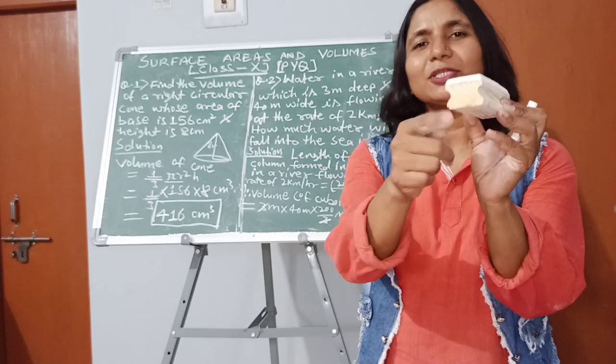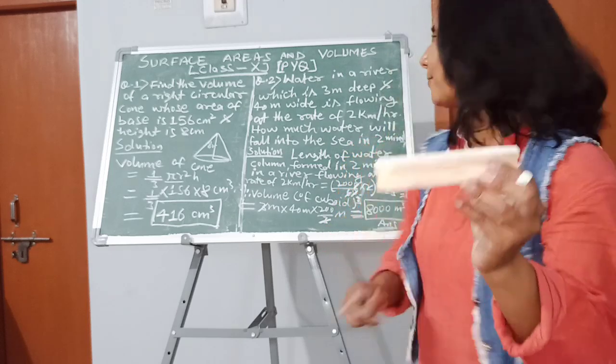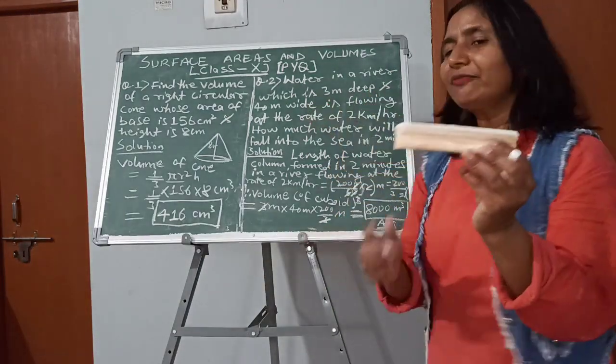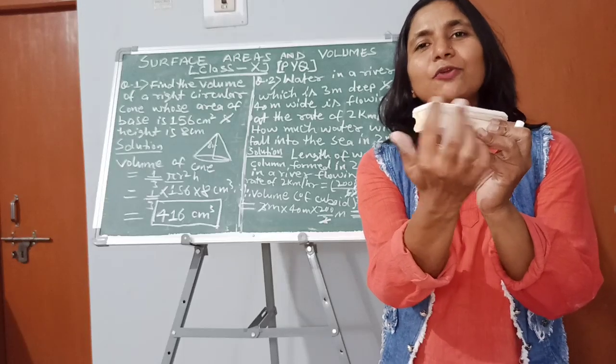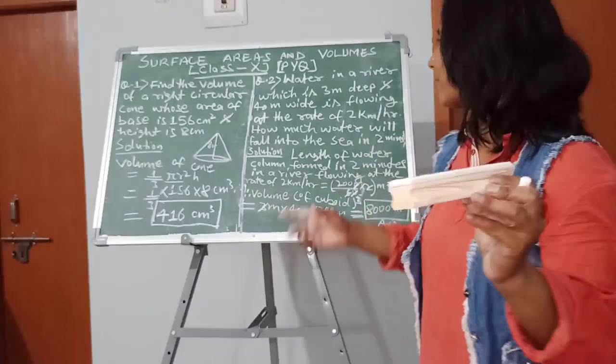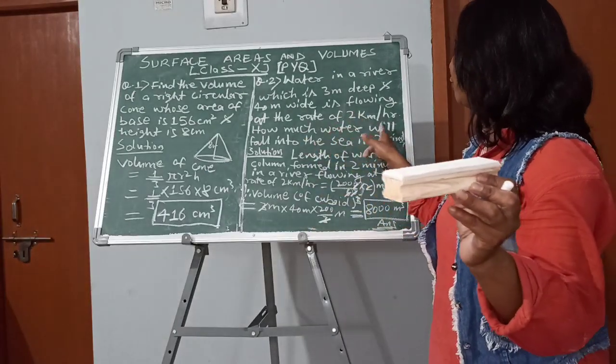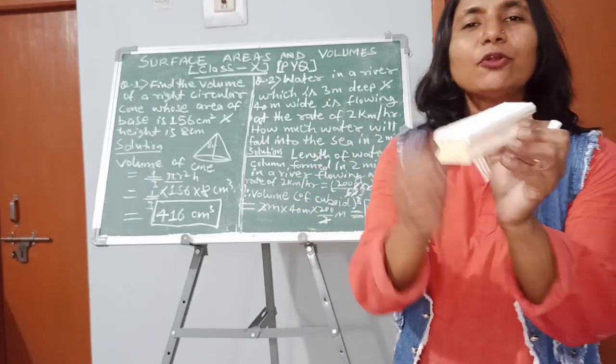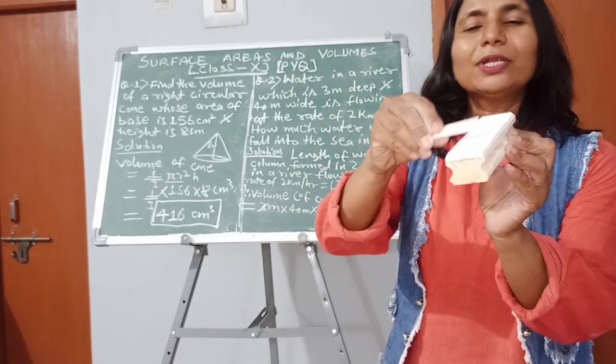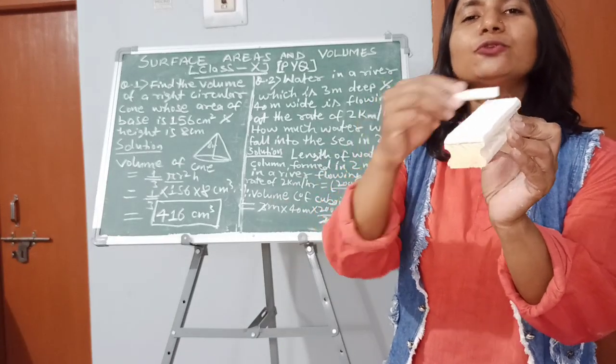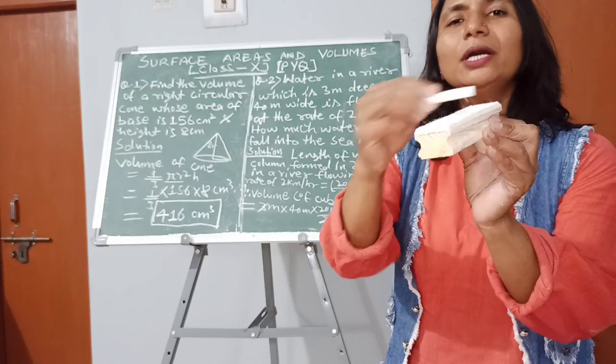Meaning you can take the value of h. This is equal to 3 meter and 40 meter wide. This width is equal to 40 meter, given in the question. It is flowing at the rate of 2 km per hour. Water is flowing and going into the sea from the river.